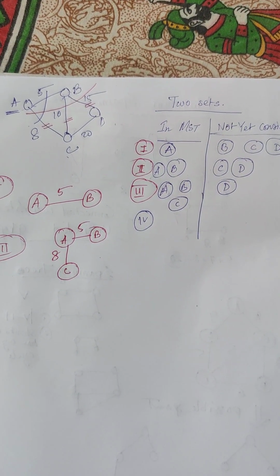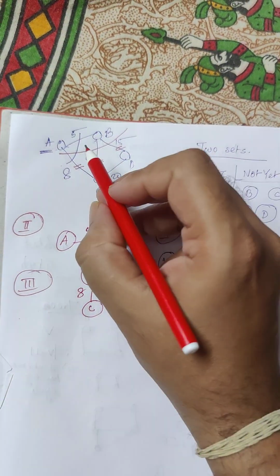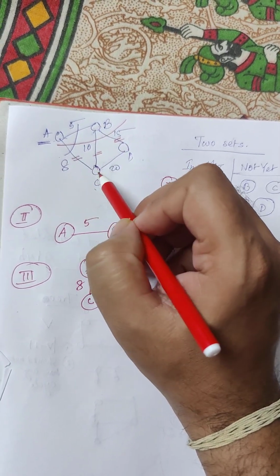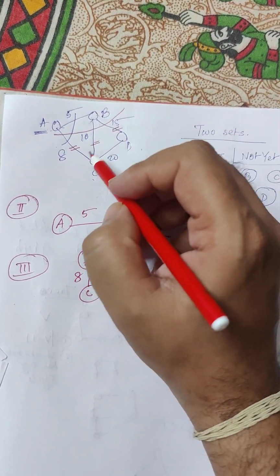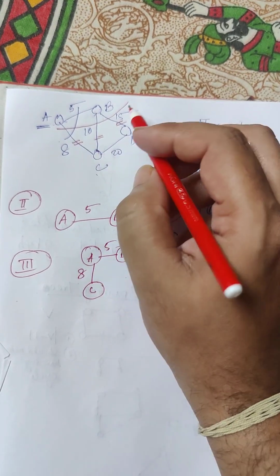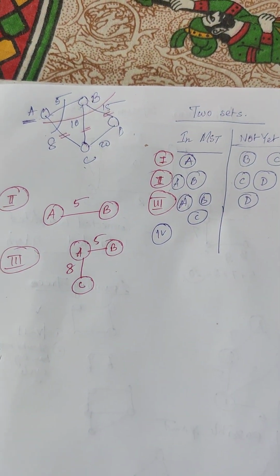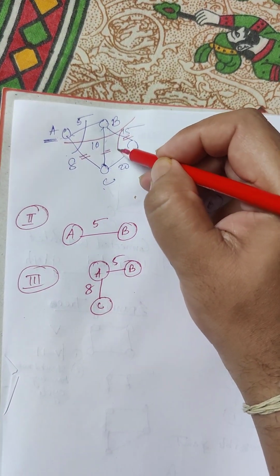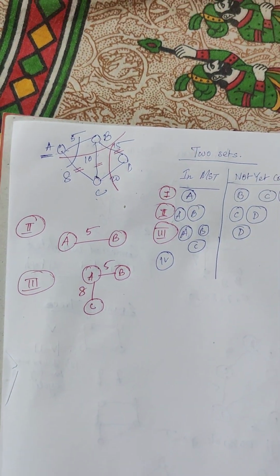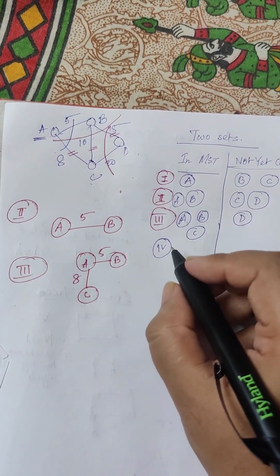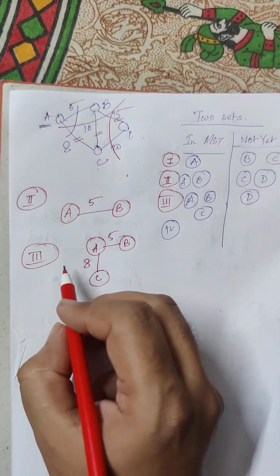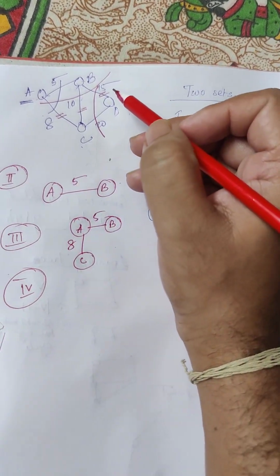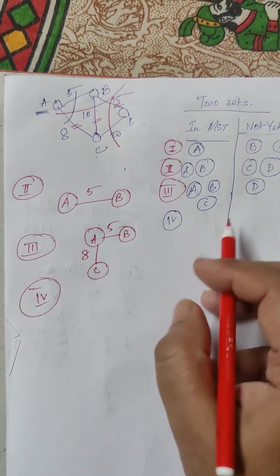We have A, B and C, and this has intersection with these two edges. These three nodes have intersection with these edges, and those edges have weights 20 and 15. So we need to consider 15.